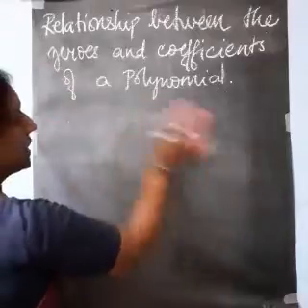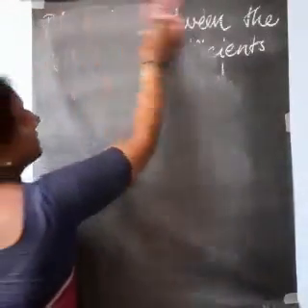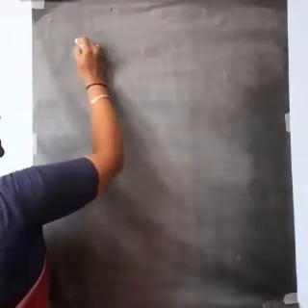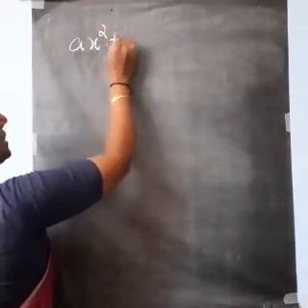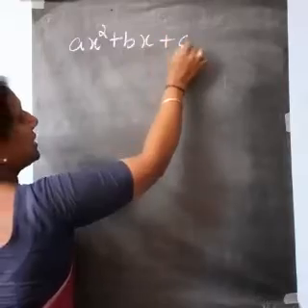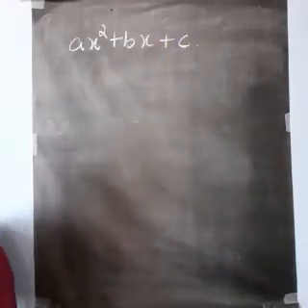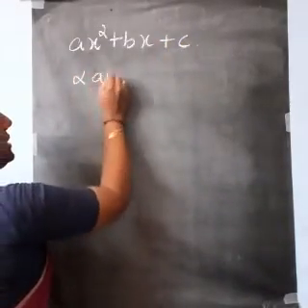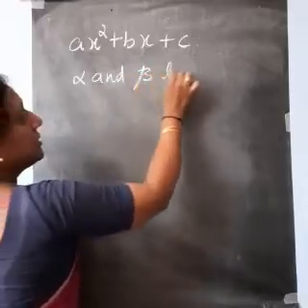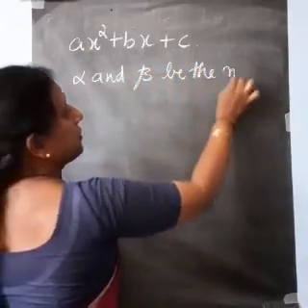In case of a quadratic polynomial, let us write down the standard form, namely ax squared plus bx plus c. Let alpha and beta be the zeros of this polynomial.